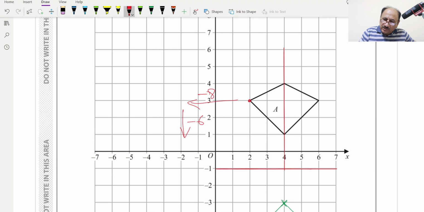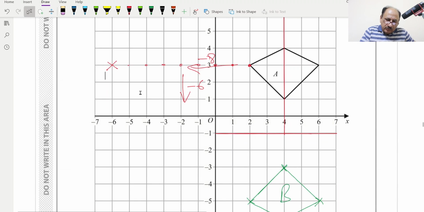For example, this point will be moved 8 units left. So 1 2 3 4 5 6 7 and 8, so it will be moved over here, and not exactly over here, because further we have to move 6 units down also. So 1 2 3 4 5 6, so this will be the exact point.